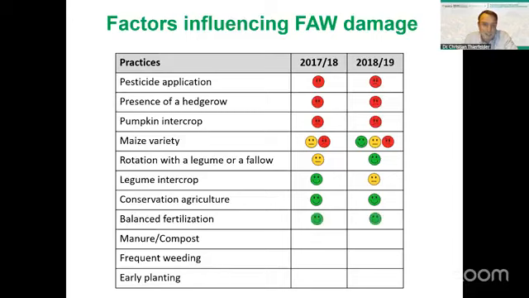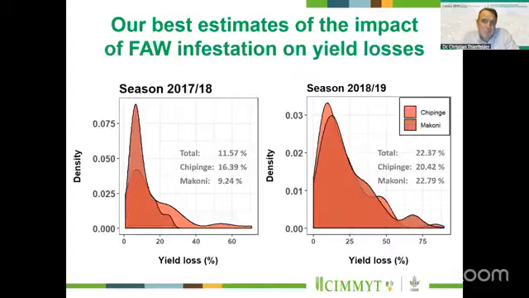A balanced fertilization was good. Application of composts, frequent weeding, or early planting were medium to well in controlling fall armyworm damage. We also tried to estimate the actual yield loss that we would get with different infestations.